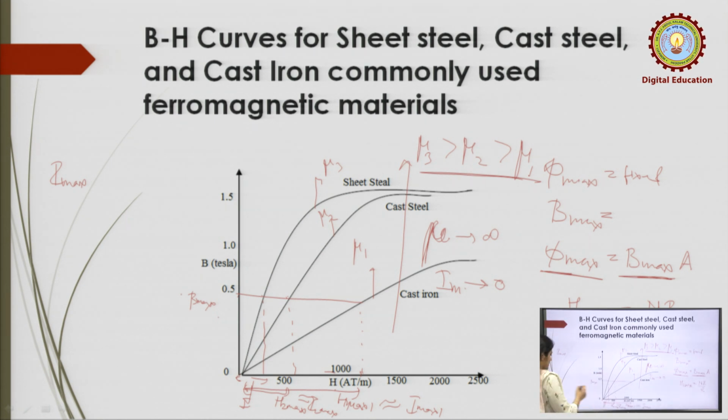So, this represents that I max 3 is less than I max 2, which is less than I max 1, and this I max is the magnetizing current.